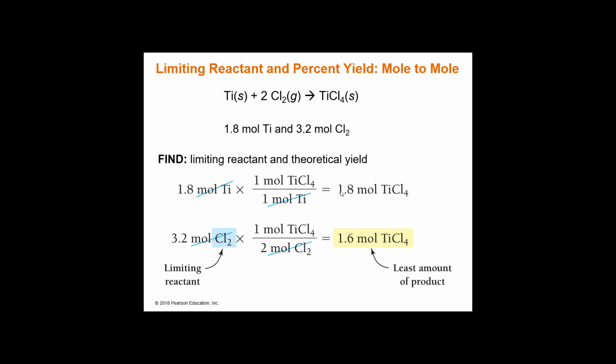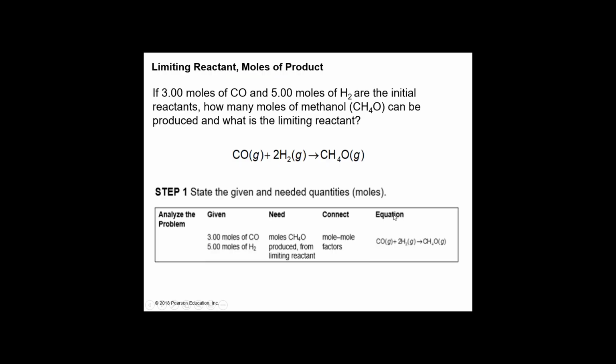So limiting reactant, you are always given both values of the reactants. You have to calculate both out to the product of which one's being asked, and the smaller amount is the limiting reactant. It will never get to the 1.8 amount because you'll run out of chloride before you can get to this amount. Same with the pancakes.